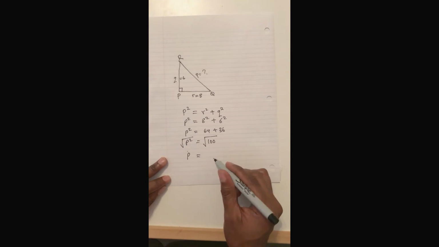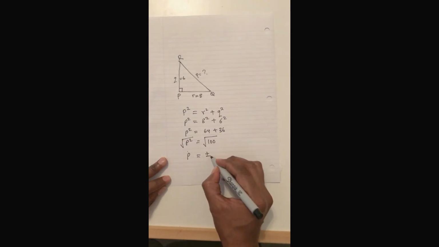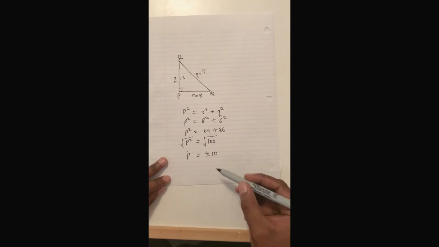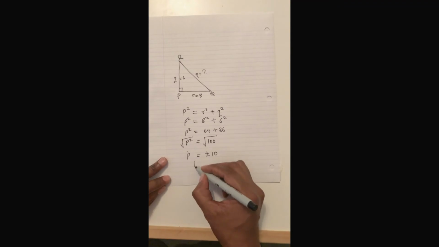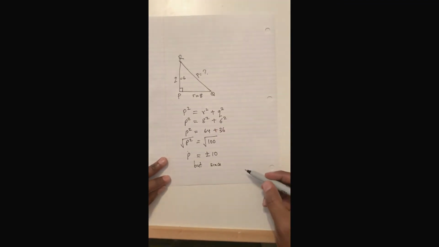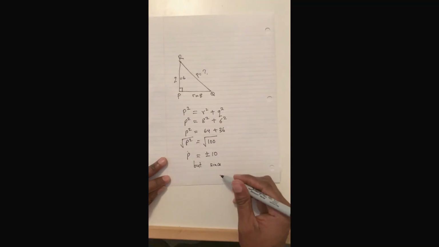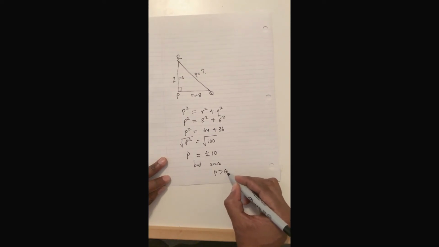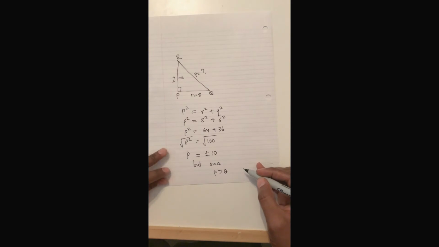When you square root 100, you either get plus or minus 10. This is because whenever you square root a whole number, the result is either a positive number or a negative number. But since this is a right angle triangle and the dimension must be a positive number, therefore p must be greater than 0, which means it is a positive number.